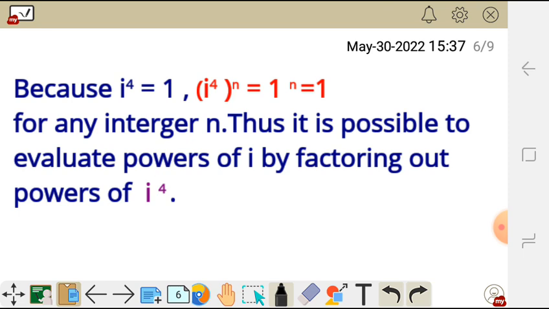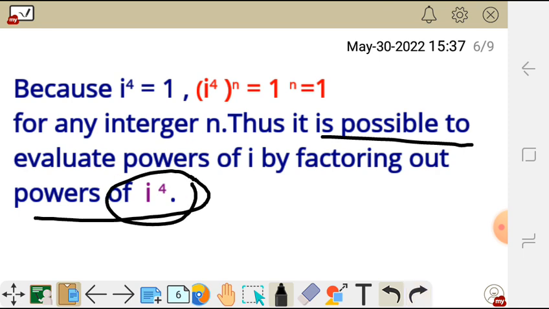So for any integer n, and n should be positive. Thus, it is now possible using that method to evaluate powers of i by factoring out i to the power 4. Okay, hope you have gotten the method there.